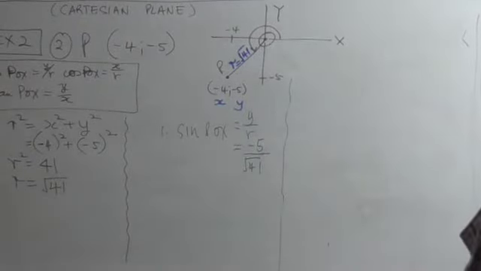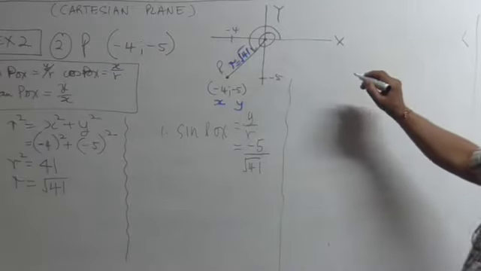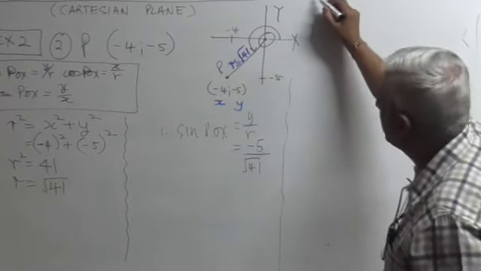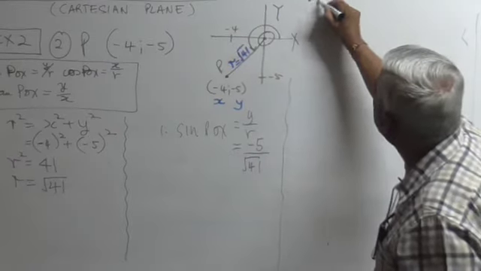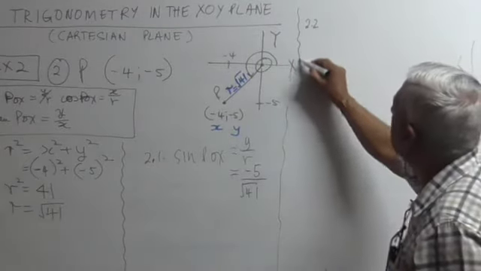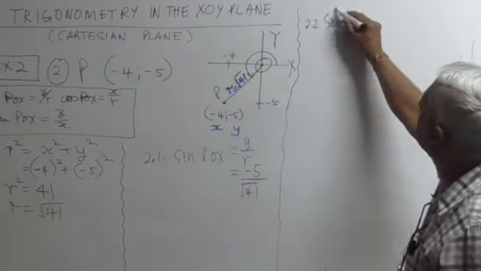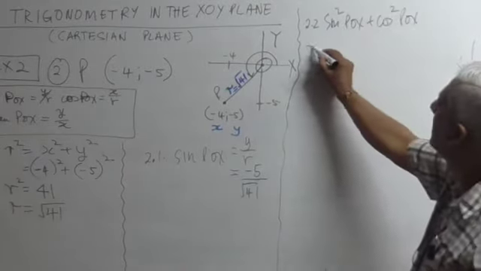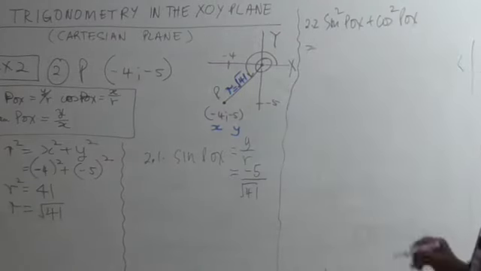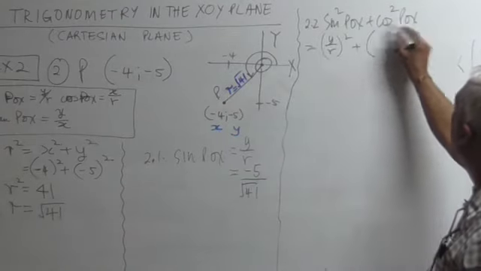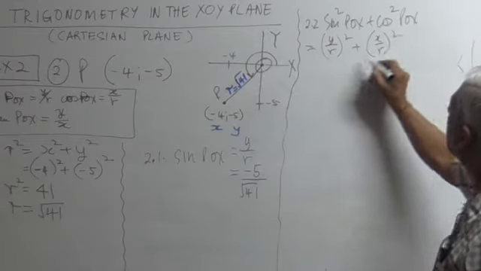Then they wanted sine squared plus cos squared. We need some extra space on the board, so this was 2.1, and this is 2.2: sine squared plus cos squared. Sine squared will give you y over r all squared, and cos squared will give you x over r all squared.